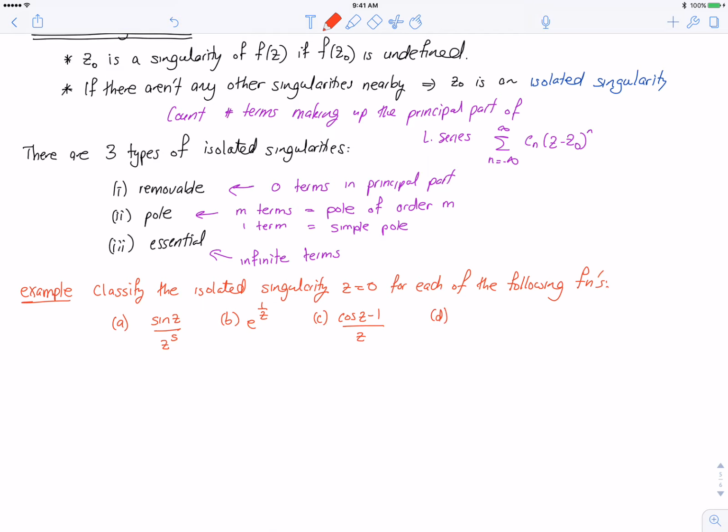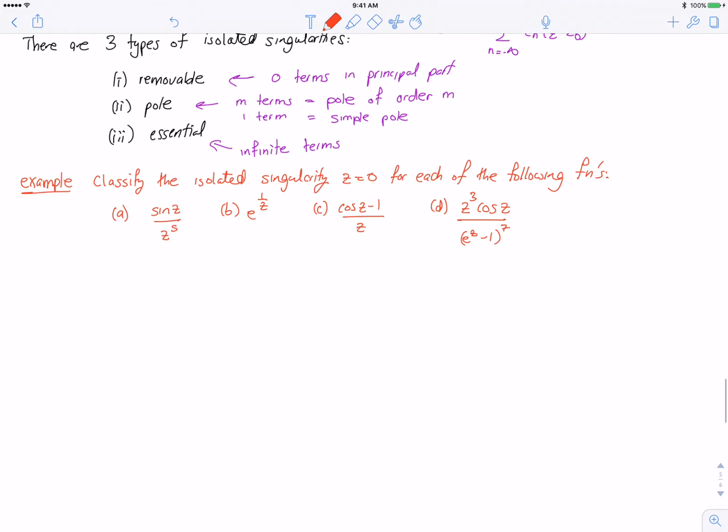And in D, I'll take the function to be z cubed cos z over e to the z minus 1 to the power of 7. Okay, so as you can see, each one of these functions has a singularity at z equals 0, because they're all undefined when z equals 0. But I want to classify what sort of a singularity 0 is in each case.